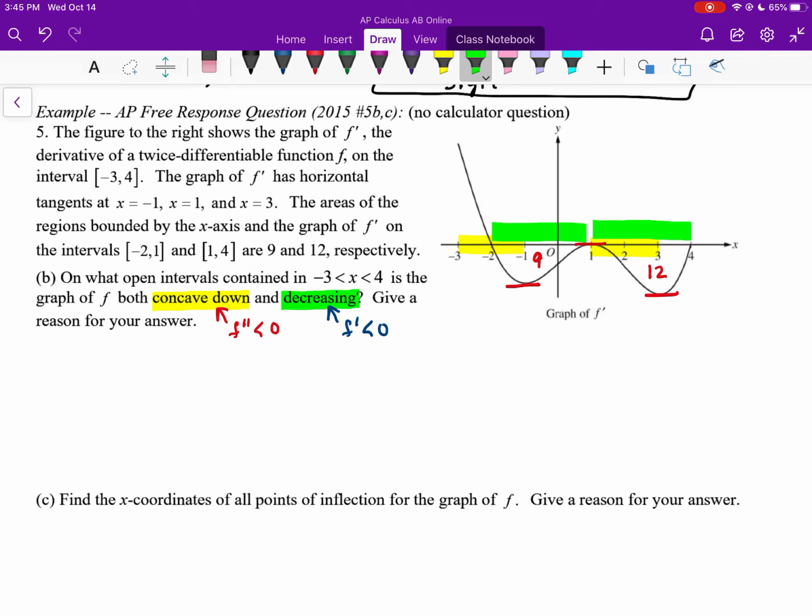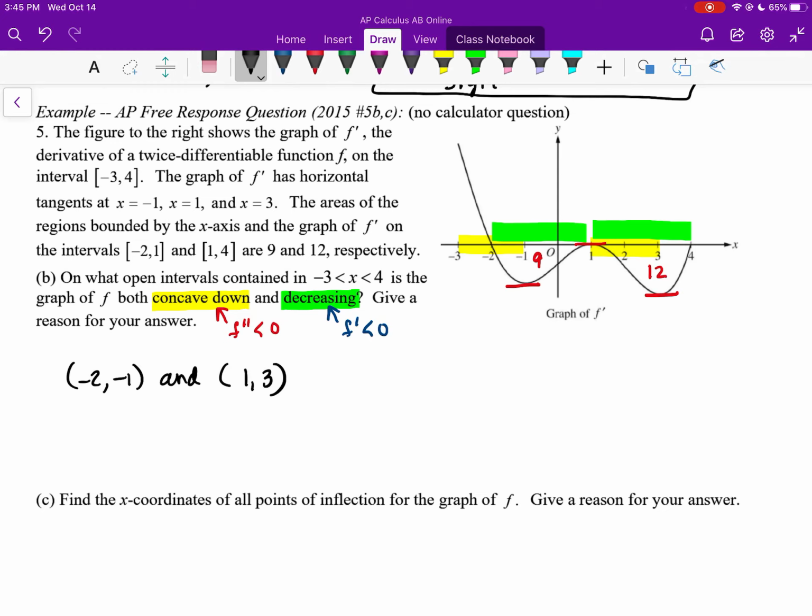Now they're asking me for where are both. They want both. And so where's the overlap between this? And so our intervals are going to be from -2 to -1 and from 1 to 3. These are the intervals where the graph is both concave down and decreasing.